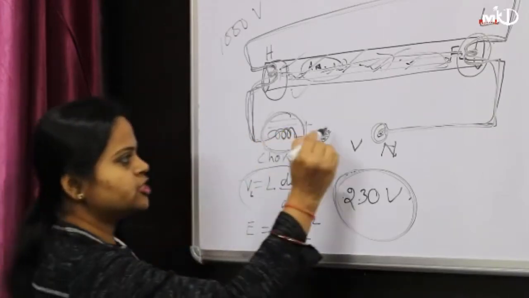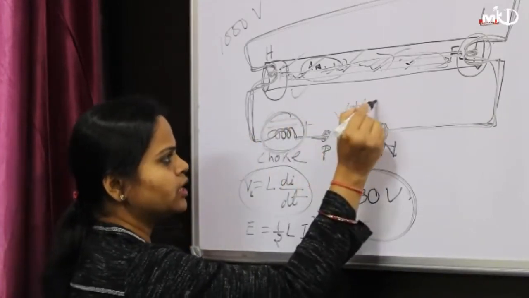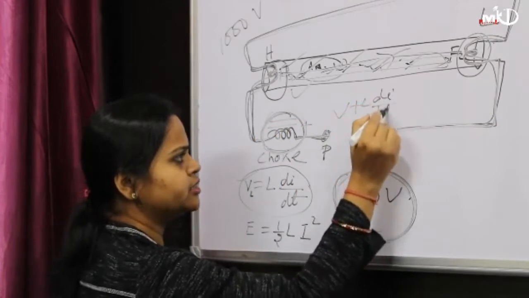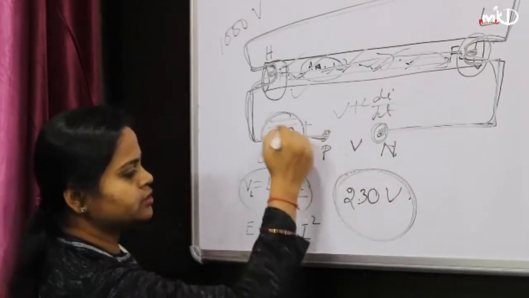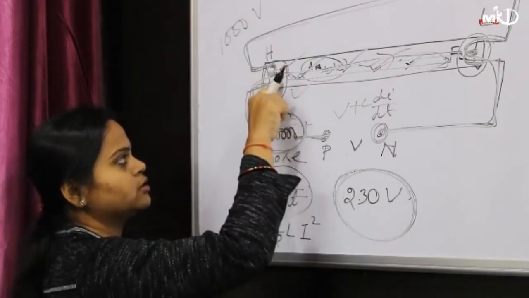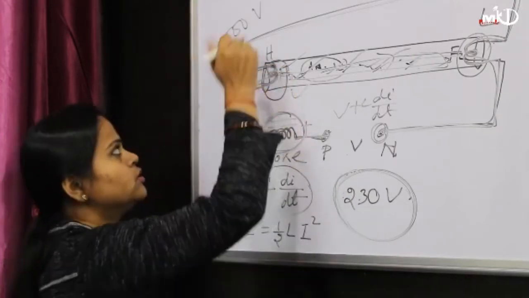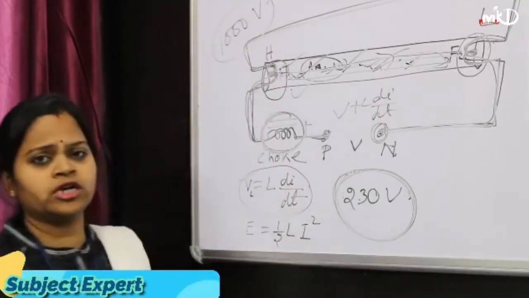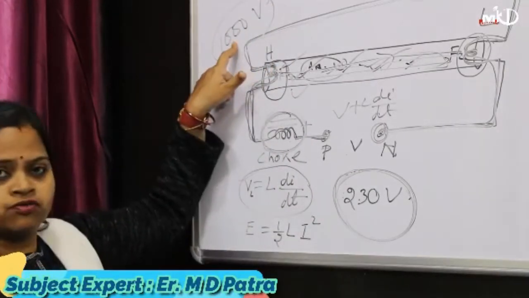So this V plus L di by dt, the two voltages in additive form, will be at the potential of F1. It may be up to 1000 volt.